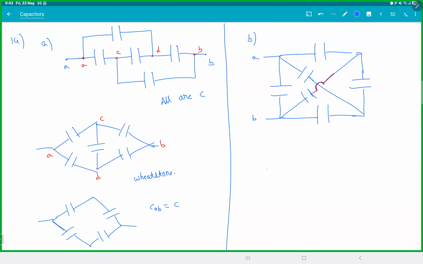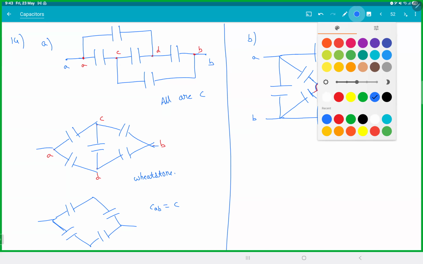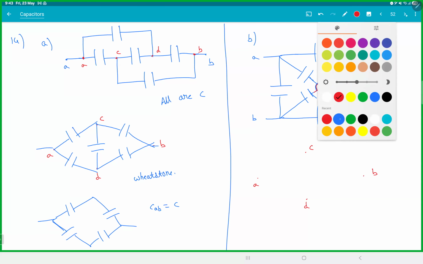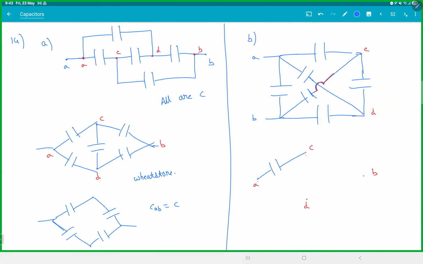This is also a Wheatstone bridge. See, this is C and this is D. If you draw them, you will get a Wheatstone, which is in parallel to one more capacitor between A and B, isn't it?